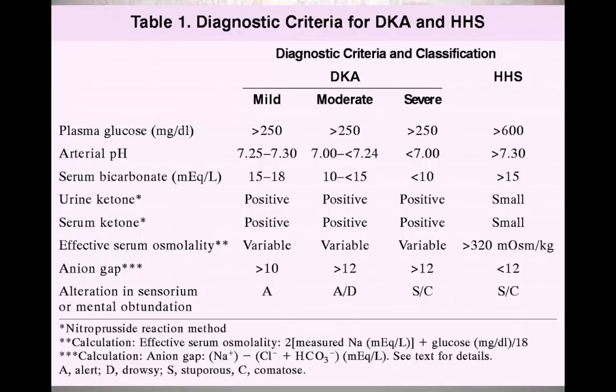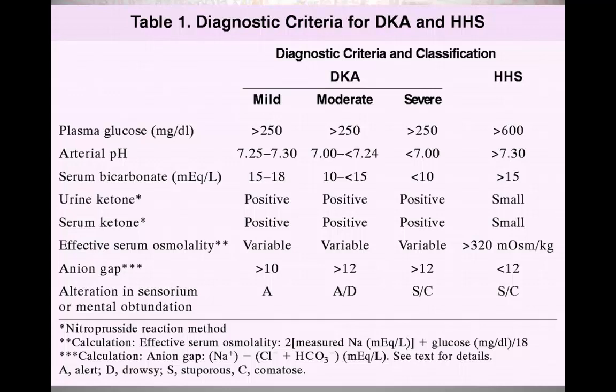Now, how do you differentiate? Let's talk briefly about the non-ketotic hyperosmolar coma, so you would understand this table. It's also a metabolic complication of diabetes, but remember, it's mostly common in diabetes type 2. It is also characterized by hyperglycemia.